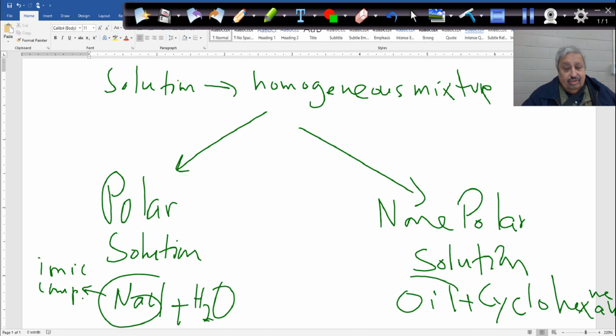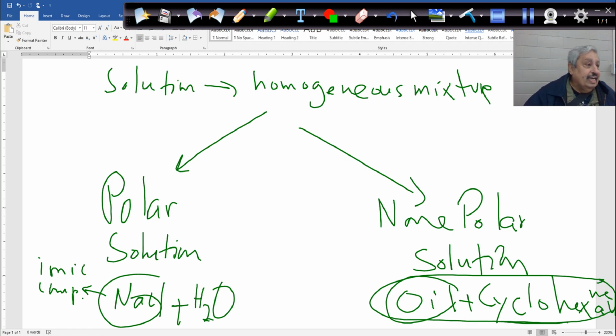However, oil is not soluble in H2O, but soluble in cyclohexane. So this is a solution too, but it's non-polar. This is a solution too, but it is polar. Don't come to the idea that when I say solution, it's always polar. No, there are plenty of solutions in organic chemistry you can make. They are non-polar, correct? Most of the organic compounds are non-polar, not soluble in H2O, for example.